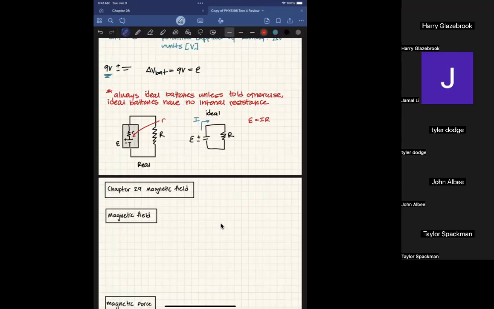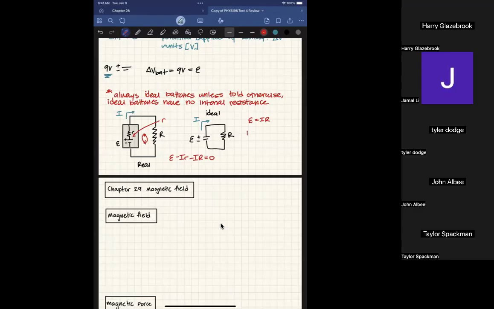For the real case, all we have to do is act like this is now a circuit that has two resistors. If we did our loop rule, here's our current flowing through I. All we have is epsilon, which is the EMF, minus I little r minus I big R equals 0. Again, I used Kirchhoff's voltage law. I summed up all the potential differences, and I treated that internal resistance as just another resistor in the circuit.